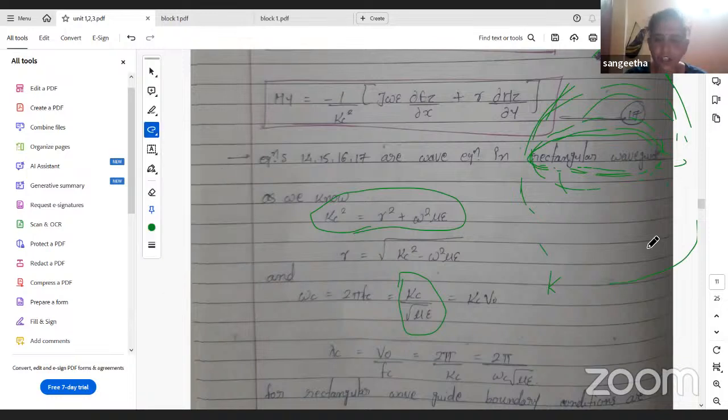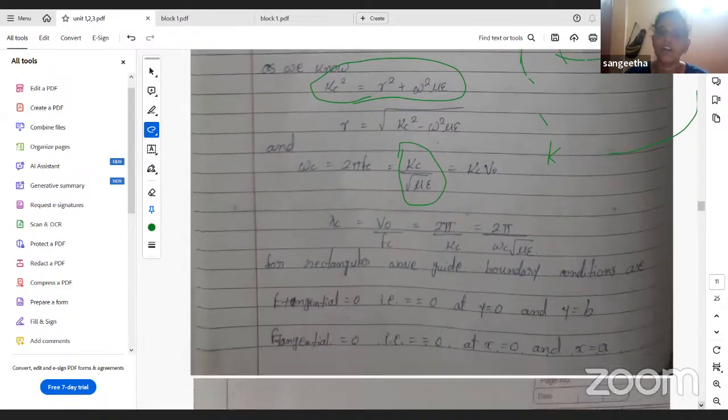From equating, I am calculating the wavelength. What is the wavelength lambda? I calculated lambda as 2 pi by omega c under root of mu epsilon. We calculated the wavelength lambda c. After calculating lambda c, I am talking about transverse magnetic waves and transverse electric waves.